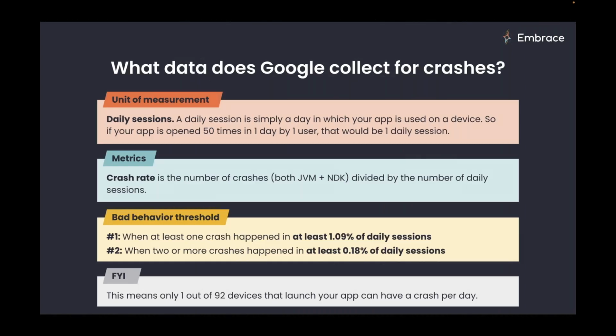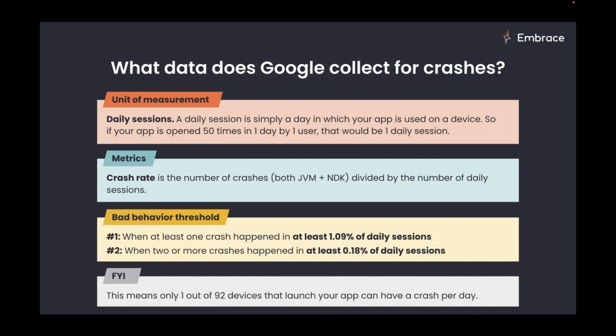So the data that Google collects for crashes are measured in quite an interesting unit, actually. Google measures crash rate according to a daily session. So a daily session is a day in which your app was used on a device. So there's quite an important bit of nuance here. If your app is opened 50 times in one day by one user, that still only counts as one daily session in Google's eyes.